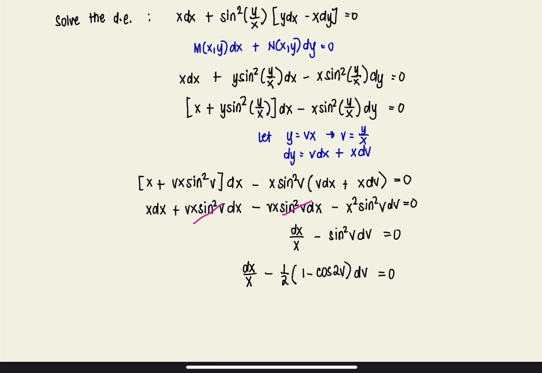Integrating dx over x gives us ln of x minus the integral of 1/2 dv, which is 1/2 v. And remember that this is negative and negative, so that becomes positive. And the integral of cosine is positive sine, but we have a neutralizing factor of 1/2, and then we have 1/2 here. So that would be plus 1/4 sine of 2v equals C.